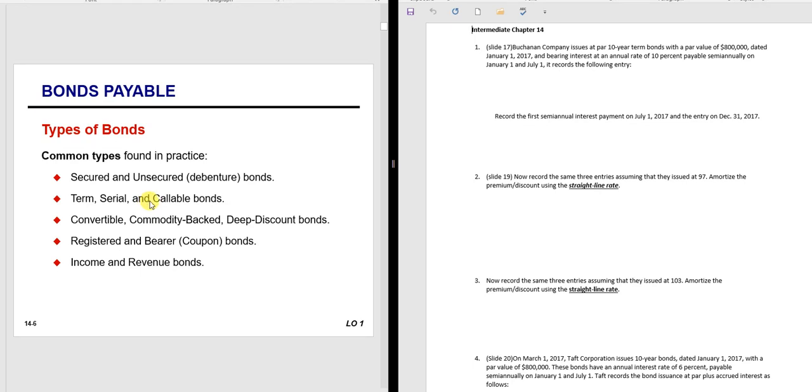So a reason that they would want to issue a callable bond, usually if you issue a callable bond, you have to pay the bondholders a little bit higher rate of interest. But if you need the money now and the interest rate is high, you might issue a callable bond, which means you're going to have to even pay out a little bit higher rate of interest.